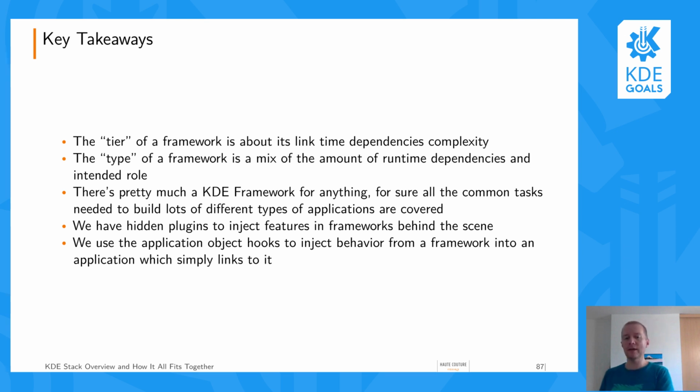For sure, all the common tasks needed to build lots of different types of applications are covered. So if you have a Qt application today, maybe look at some of the frameworks. We have hidden plugins to inject features in frameworks behind the scene, and we use the application object hooks to inject framework behavior from a framework into an application, which simply links to it.